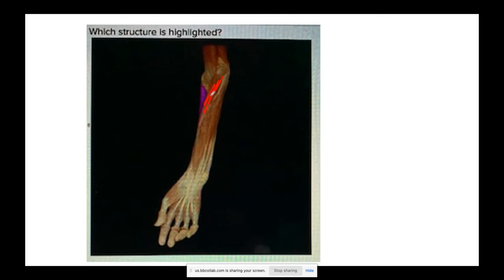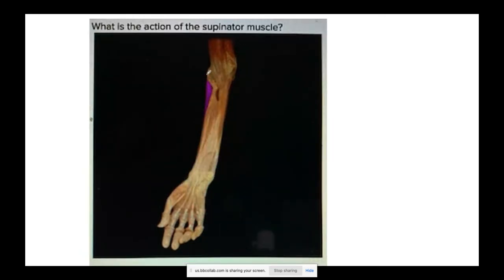So the supinator is purple. The supinator originates on the posterior part of the radius, and it inserts on the anterior part. It actually originates on the posterior part of the humerus, but way back here, and it wraps around and attaches to the shaft of the radius.